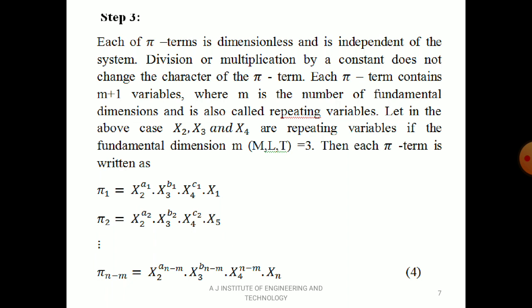But in pi 2, x2, x3, x4 are the repeating variables, so other than x2, x3, x4 and x1, the remaining variable is x5, so we just multiply it into pi 2. Similarly we can follow like that till pi n minus m, that is equal to x2 to the power a(n minus m), x3 to the power b(n minus m), x4 to the power c(n minus m) into xn. Take it as expression 4.